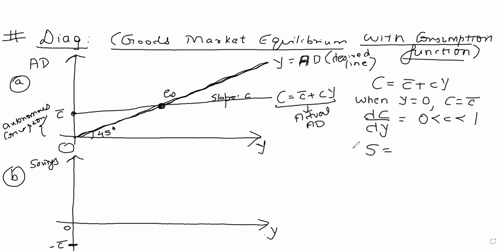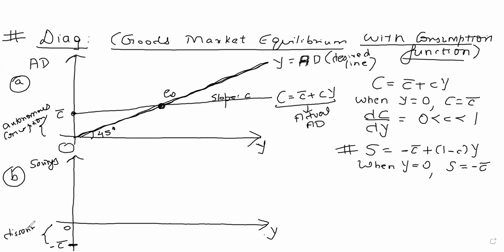Remember, guys, the savings function we had derived: minus C bar plus 1 minus C times Y. So when income is 0, savings is negative, equal to this level of dissavings. This gap is exactly equal to this gap.